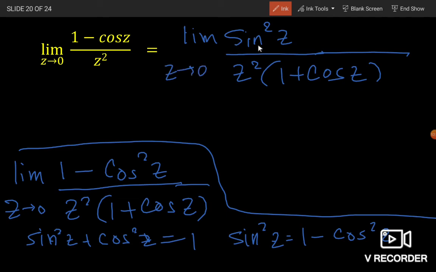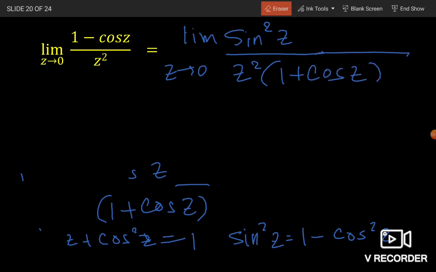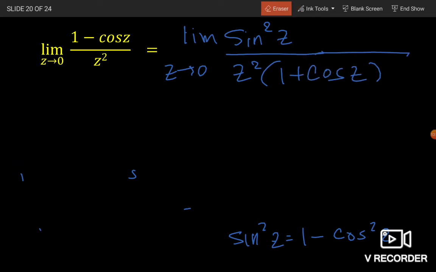So here we have sine squared z over z squared and then 1 plus cosine z. We can express this in a different way.